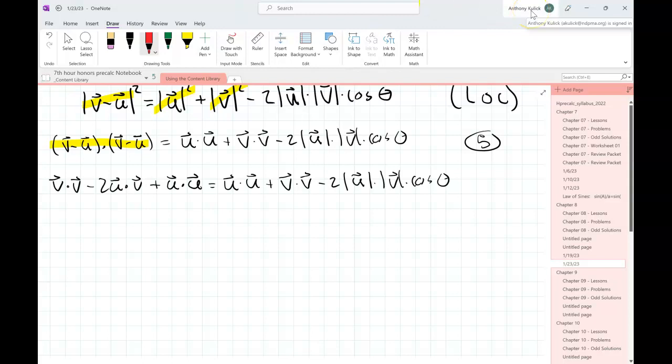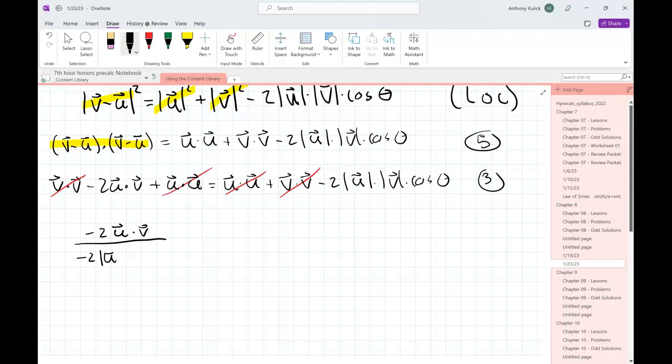Now, if I subtract v dot v from both sides and u dot u from both sides, I get that. And I'll divide both sides by -2 times the magnitude of u times the magnitude of v.